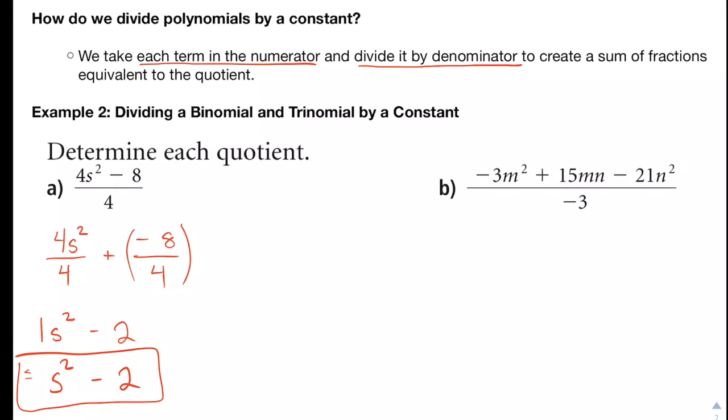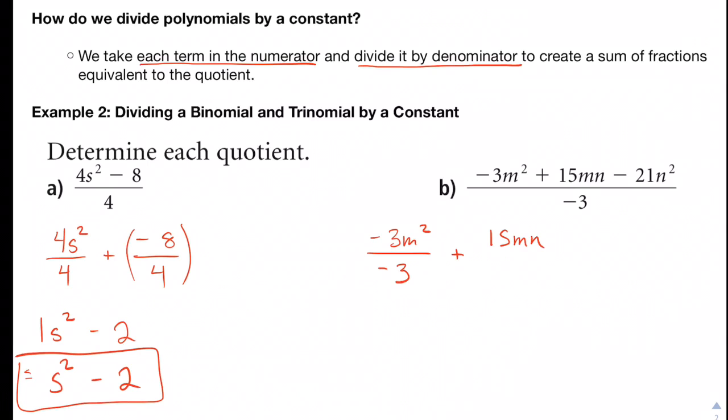Let's go through another example, this time a trinomial. Again, we're going to divide each term on the top by the term on the bottom. We have 3 terms on top. We have negative 3m squared, and we need to divide that by negative 3, since that's the term we have on the bottom, plus 15mn.